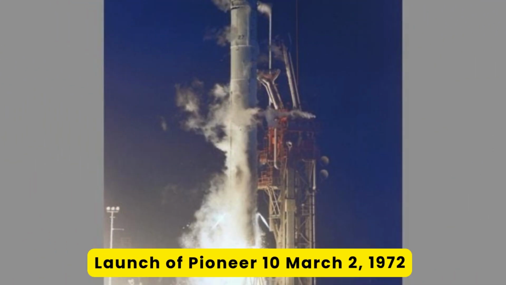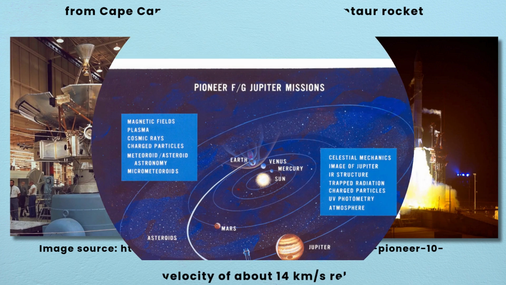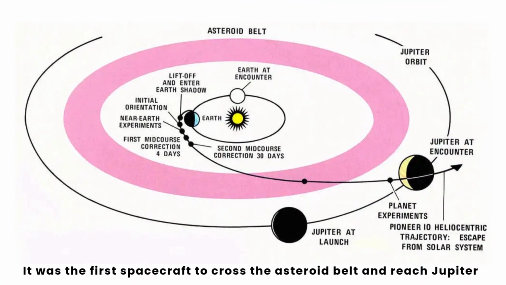Pioneer 10 launched on March 2, 1972, from Cape Canaveral aboard an Atlas Centaur rocket, achieved a launch velocity of about 14 km per second relative to the Earth. It was the first spacecraft to cross the asteroid belt and reach Jupiter.